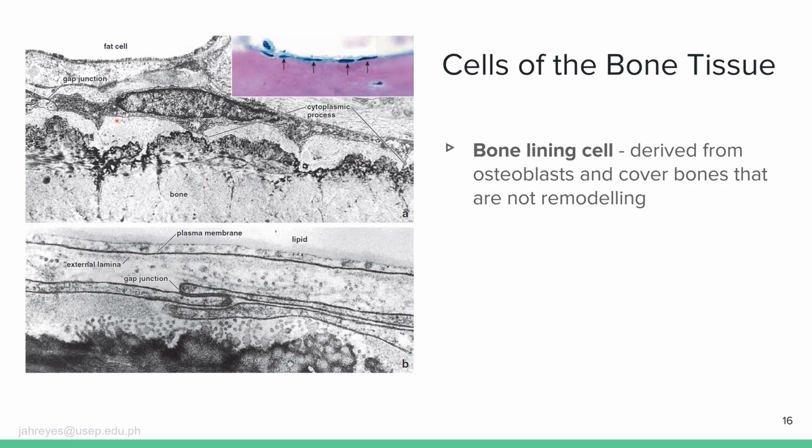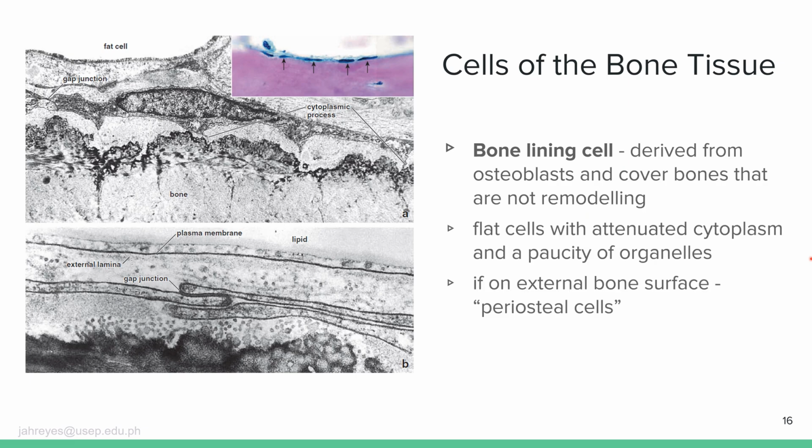So you can notice the presence of gap junctions here. So the gap junctions will serve as the communication between these cells. And remember, they are derived from osteoblasts.